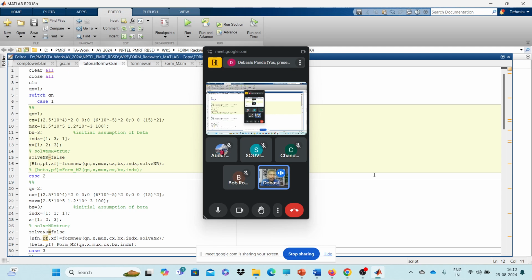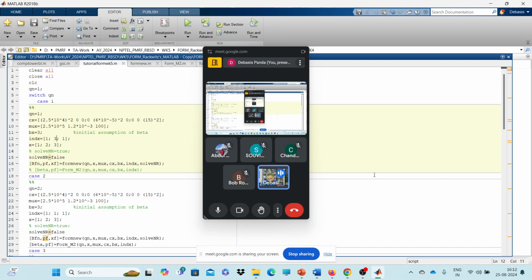I hope the logic of these function files, or of the codes I uploaded in the previous class, is clear now. Is there any doubt, Abdul? No. Okay, so let's quickly go to the Rackwitz-Fiessler algorithm.